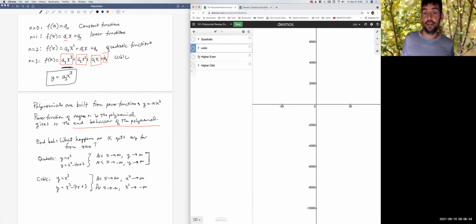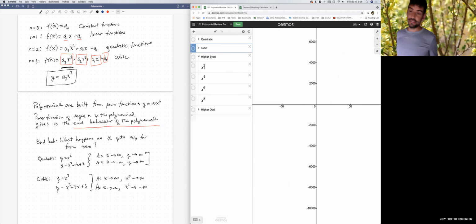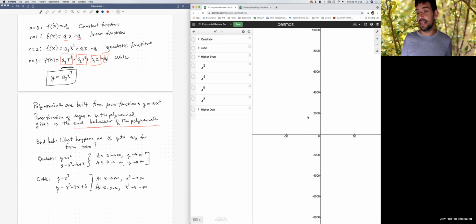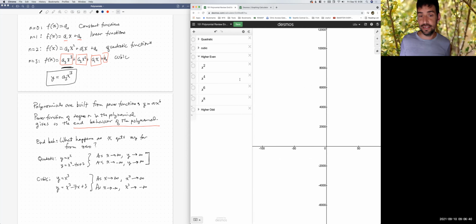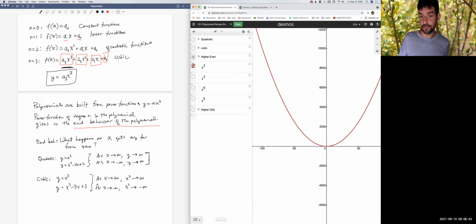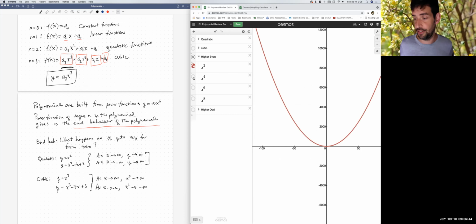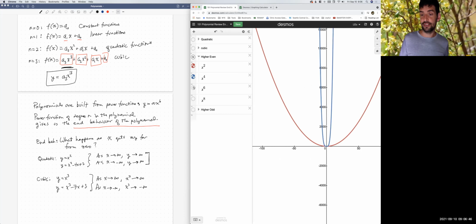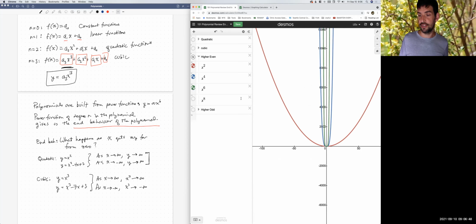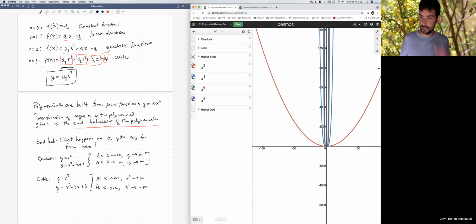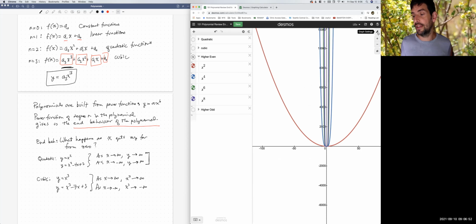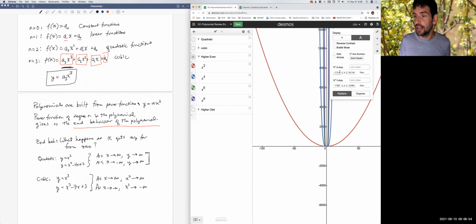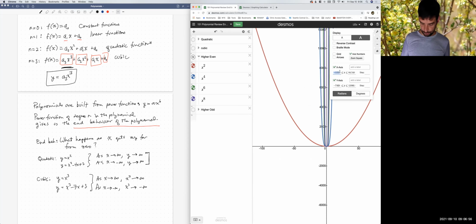So what about higher powers? Well, what's nice is that x squared and x cubed really tell us everything we need to know. Because as I make higher powers, here's x squared, here's x to the 4th, here's x to the 6th, here's x to the 8th. They're doing the same thing. Again, we're only looking at big behaviors.